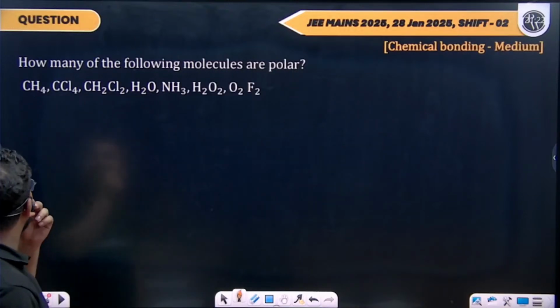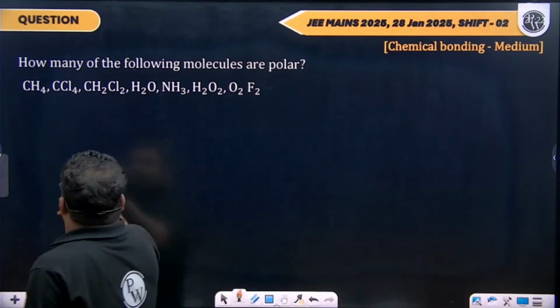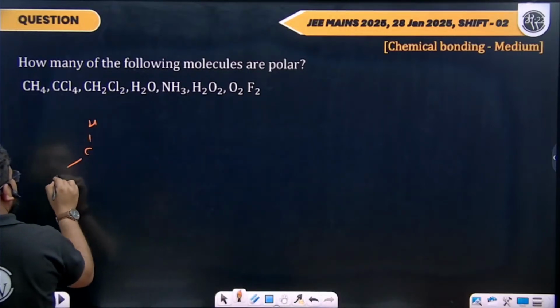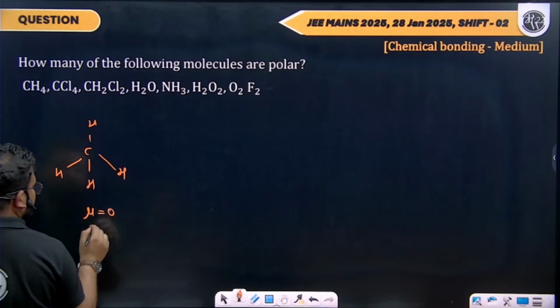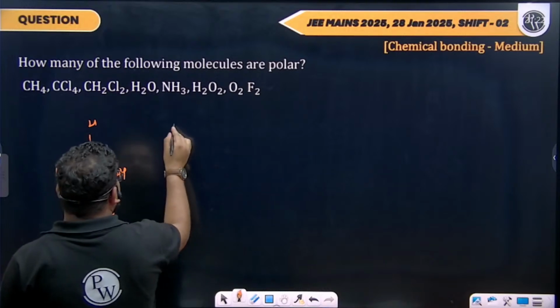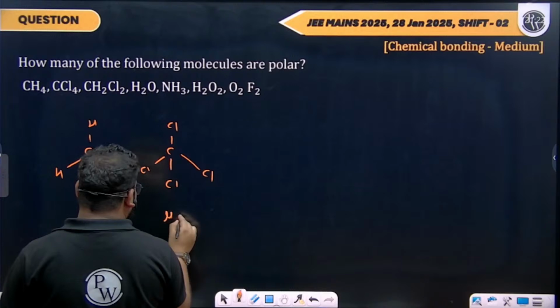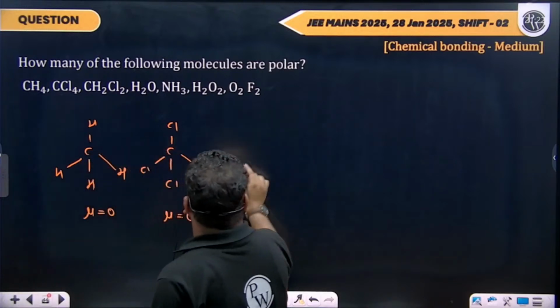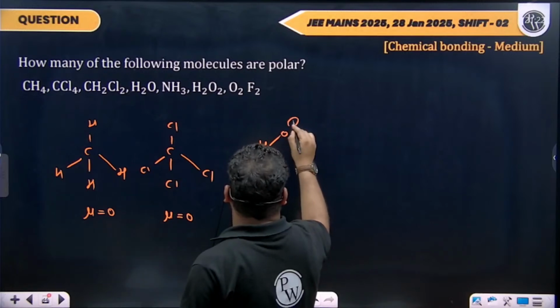Okay. How many of the following molecules are polar? CH4 is perfect tetrahedral, so dipole moment is 0. CCl4 is also perfect tetrahedral, so dipole moment is 0. H2O has some dipole.